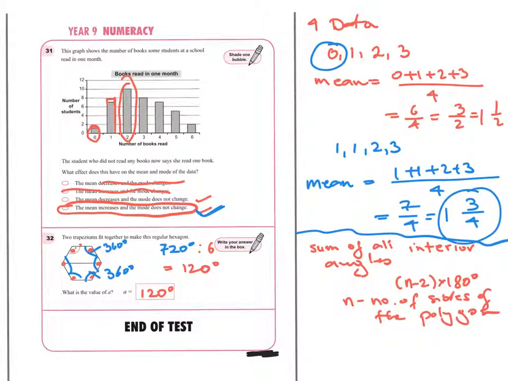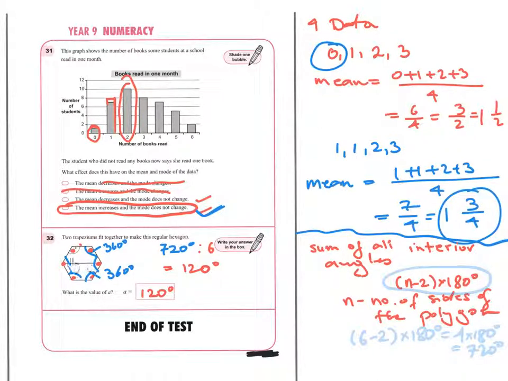So using this formula, 6 take away 2 times 180 is equal to 4 times 180, which gives you 720 degrees. So that would be the sum of all internal angles for this shape.